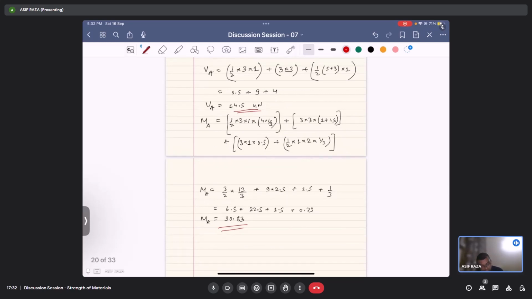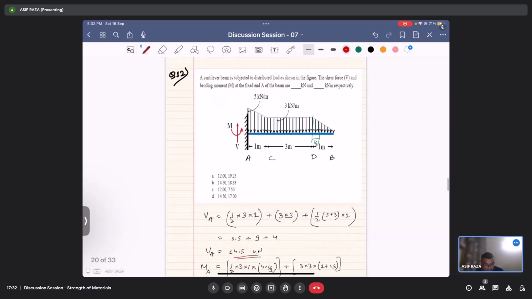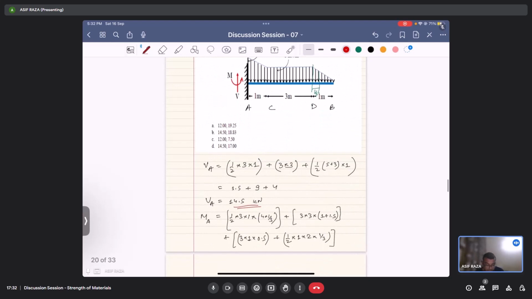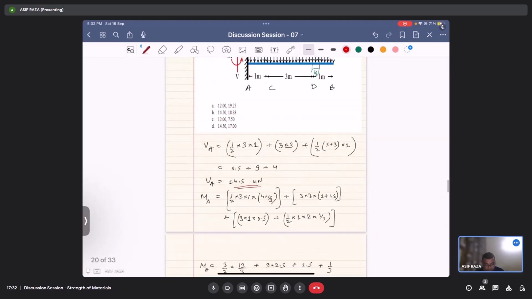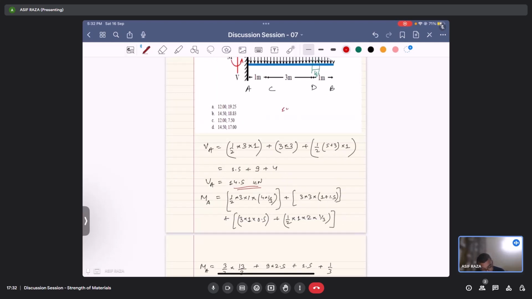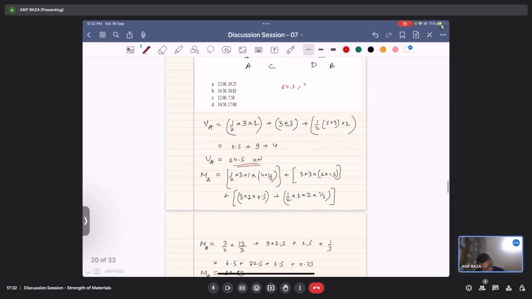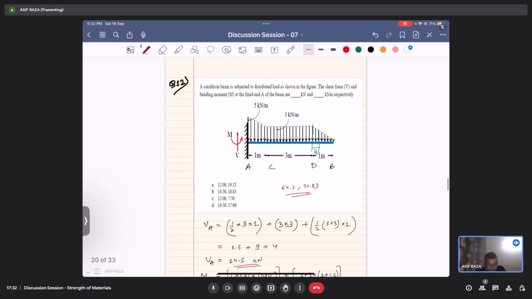It's best to check this one, because I think the correct answer, out of all the options, is none of these. The correct answer should be 14.5 and 30.83, because if I just take the middle portion itself, the contributions for the moment are there from the other parts also, but just let's see the middle portion.